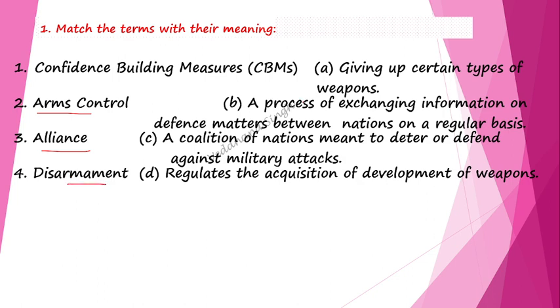The statements given are: giving up certain types of weapons; a process of exchanging information on defense matters between nations on a regular basis; a coalition of nations meant to deter or defend against military attacks; and the fourth, it regulates the acquisition or development of weapons. So these are the questions, and let's move to the answer.